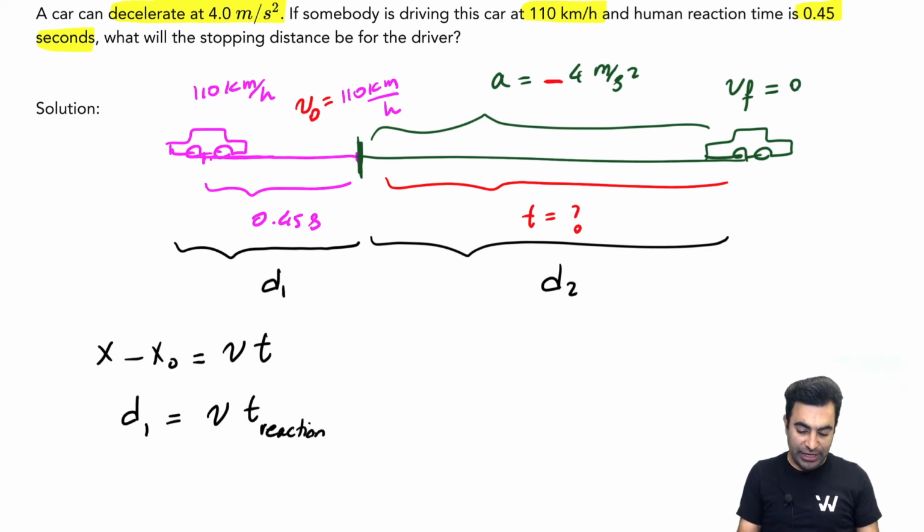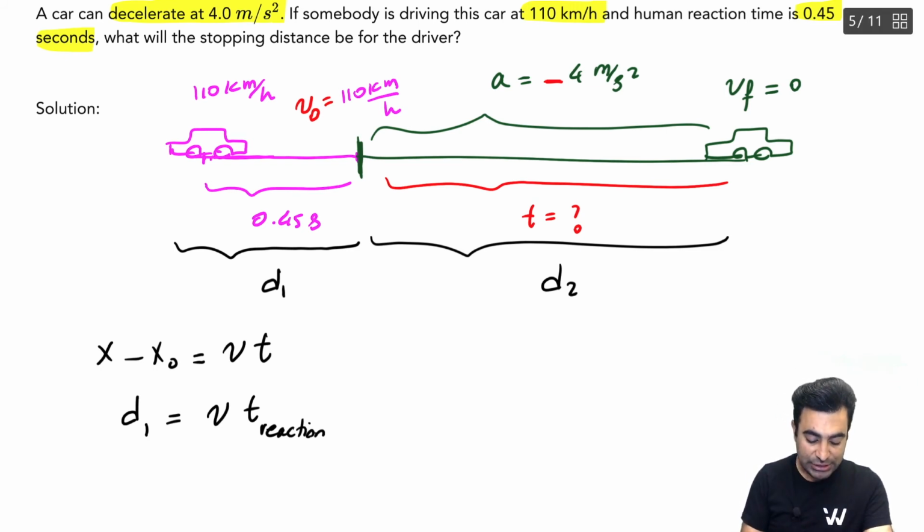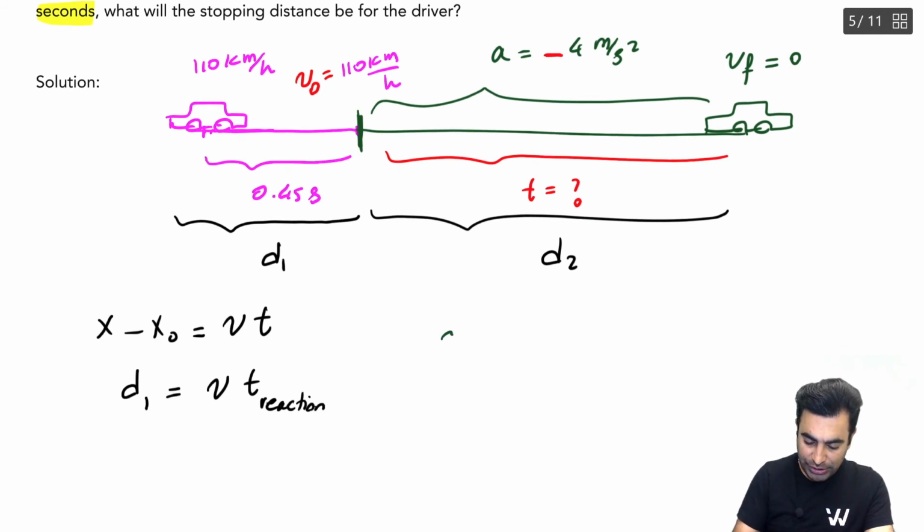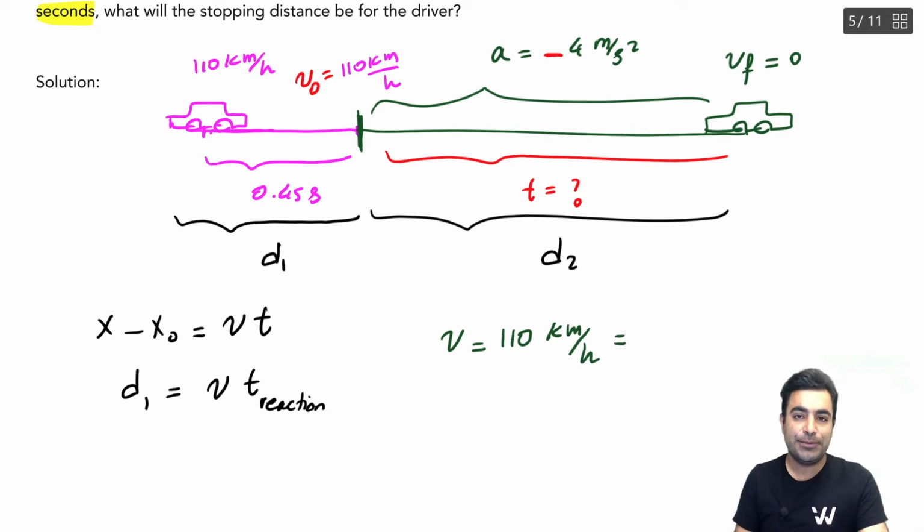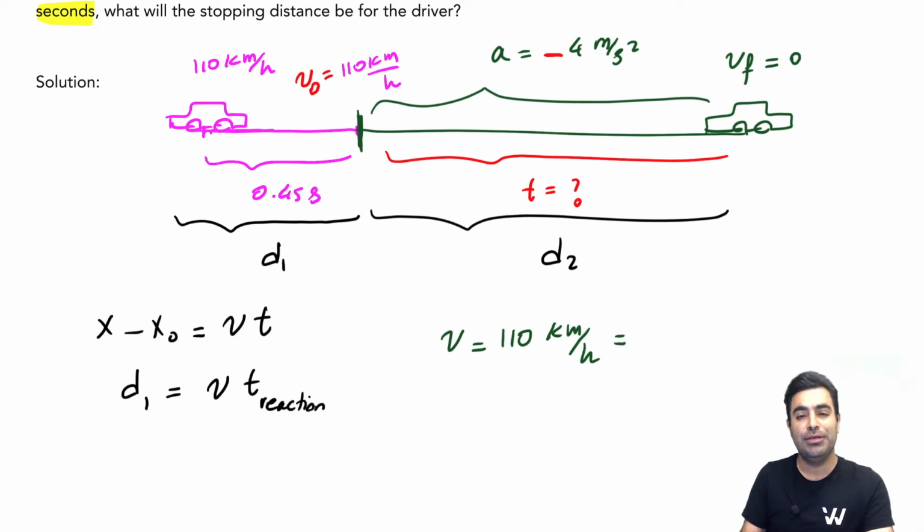But in order to find the distance in the right standard unit, I first need to convert the velocity given to us into meters per second. Here we have the speed to be 110 kilometers per hour. To convert it to meters per second, I need to convert kilometers to meters and hours to seconds.